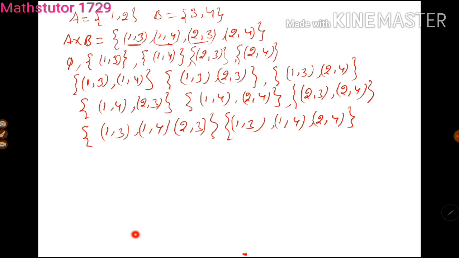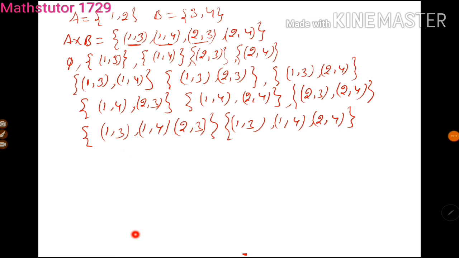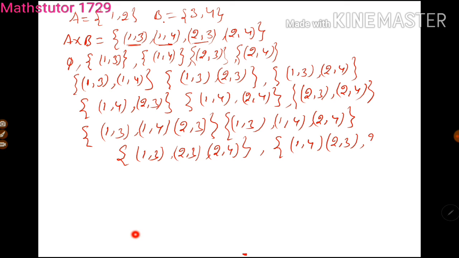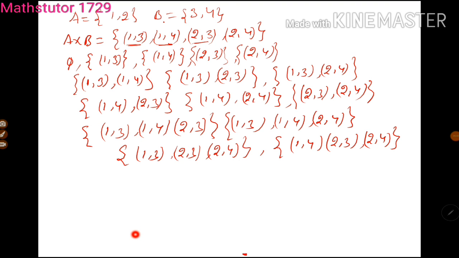Now the next one is the set (1, 3), (2, 3), (2, 4). This is again a set. Next set is (1, 4), (2, 3) and (2, 4). These are the subsets containing three elements.